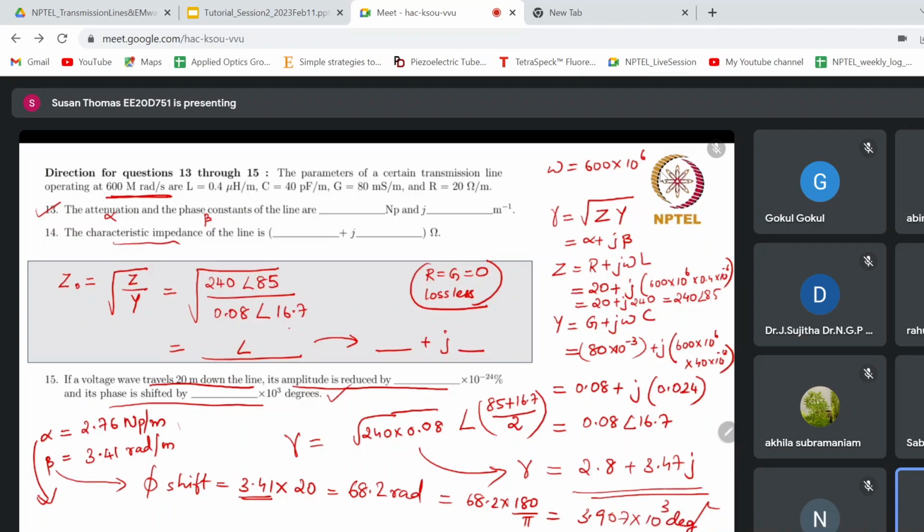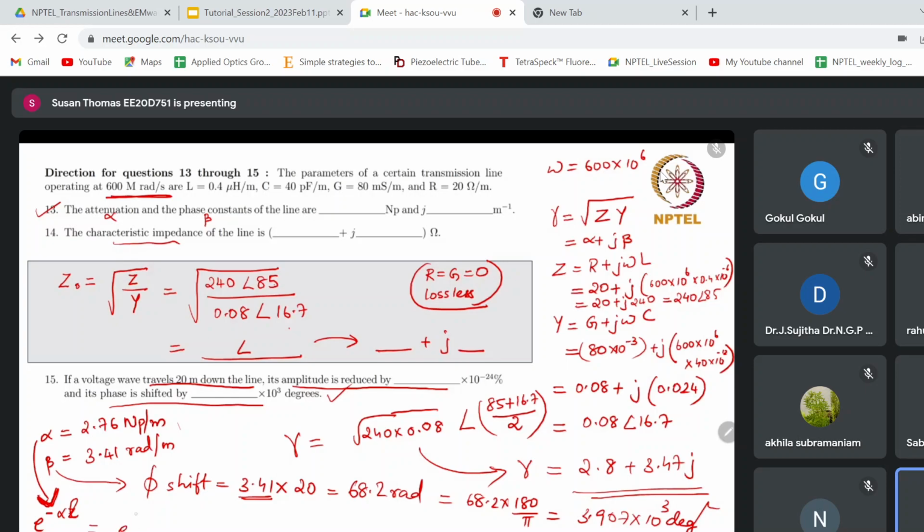Similarly, look at the attenuation constant. What is this attenuation constant giving you? It is giving you how much the amplitude of the wave will get reduced. How much the amplitude will get reduced? It is e raised to minus alpha z, where z, or I can say L, is the length of the transmission line.